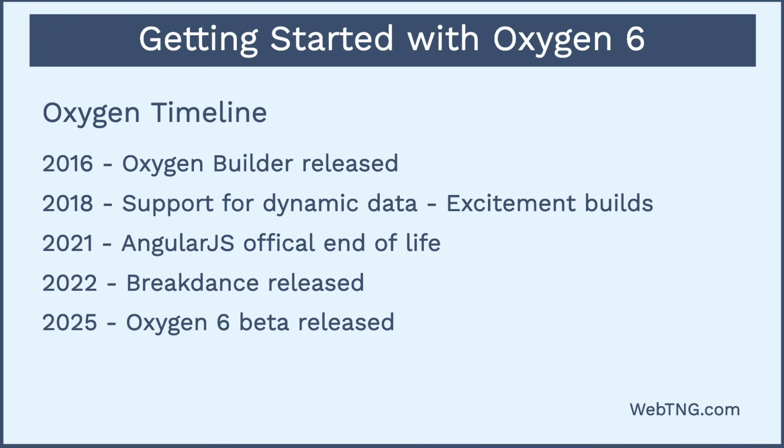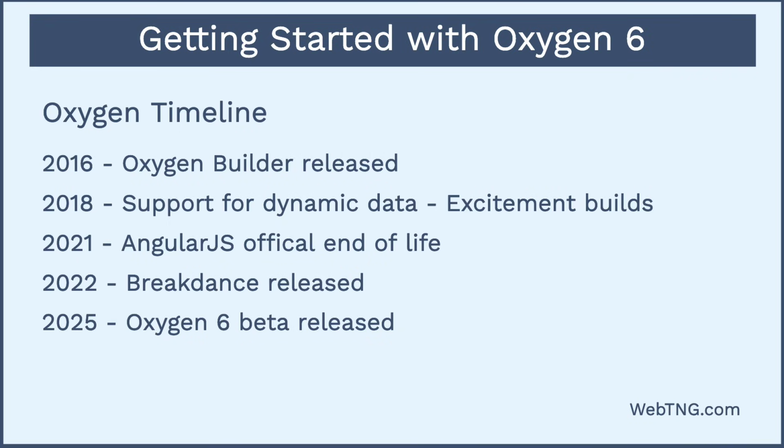Then there was a second surprise in February of 2025 when the Oxygen 6 beta was released. Out of the blue, what people had hoped for had happened. Here, all of a sudden, we have a rewrite of Oxygen, and it has the features that people were looking for.